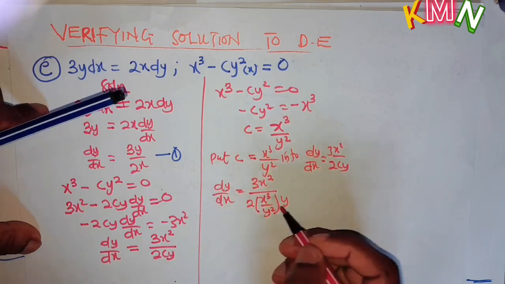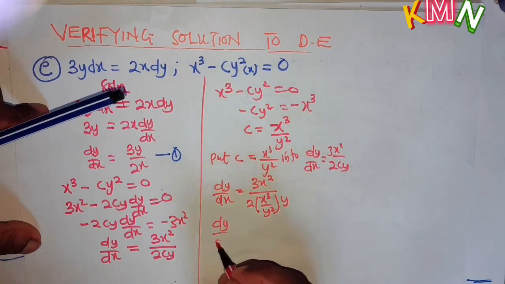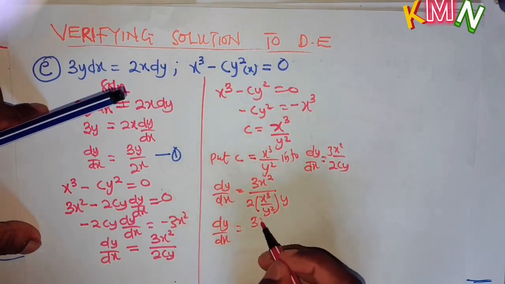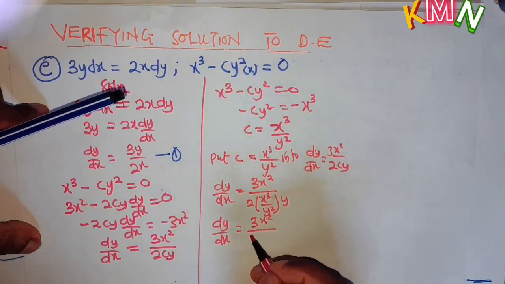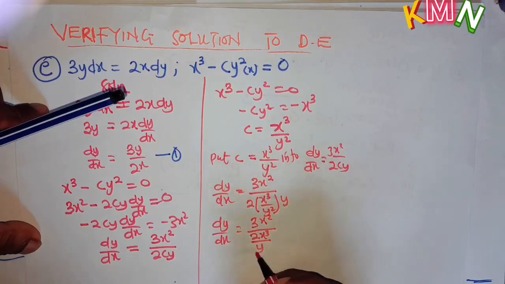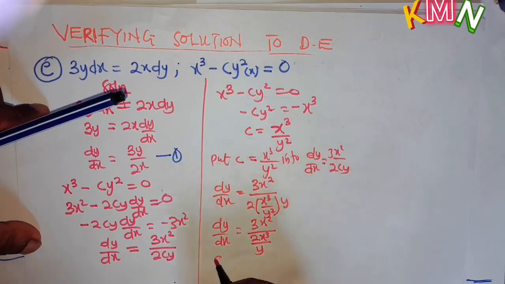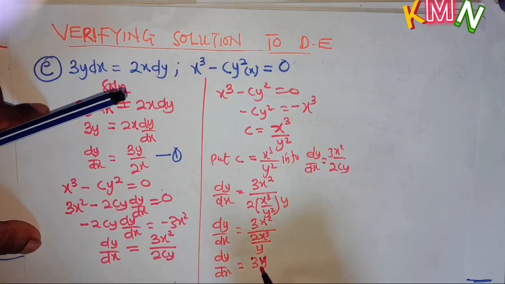So this will cancel 1, and with that we are going to get 3x squared on 2x cubed on y. And now when we simplify, we are getting dy dx as 3y on 2x, and that's our equation 2.